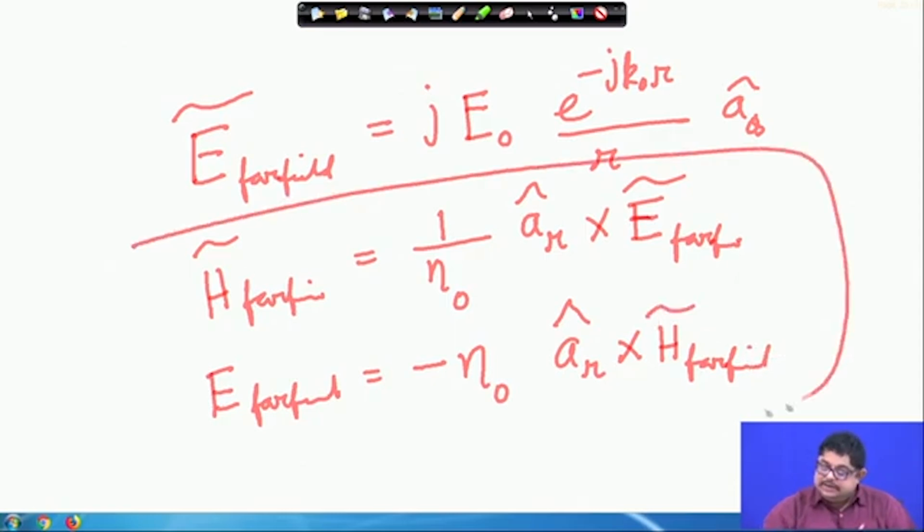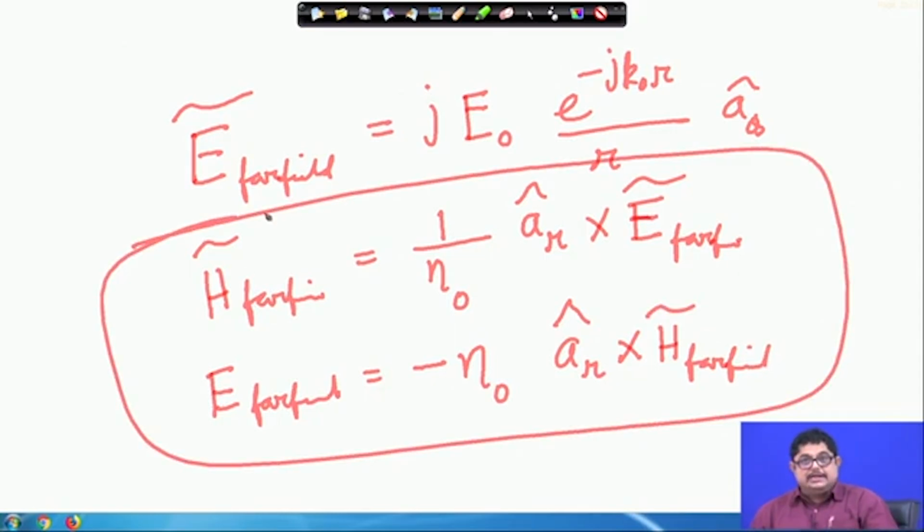So, this is another way: H far field is A r cross E far field, and E far field is A r cross H far field. This shows that E far field, H far field and A r, meaning the direction of power flow, the direction of wave, are a right handed triplet.